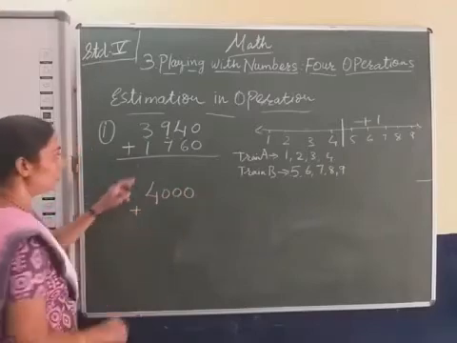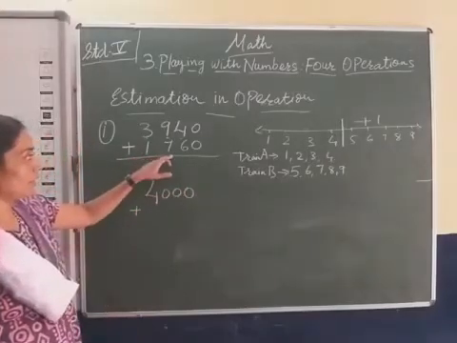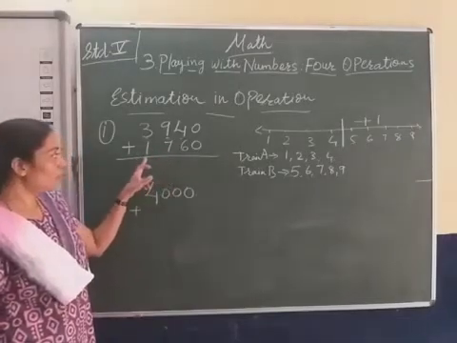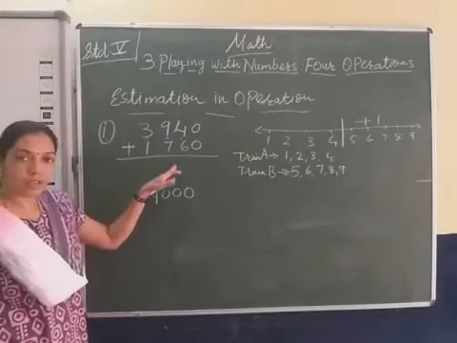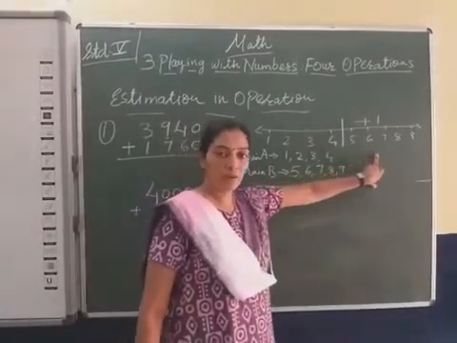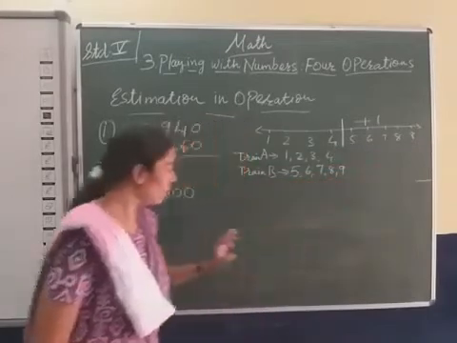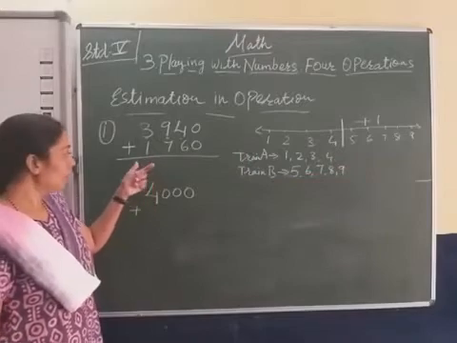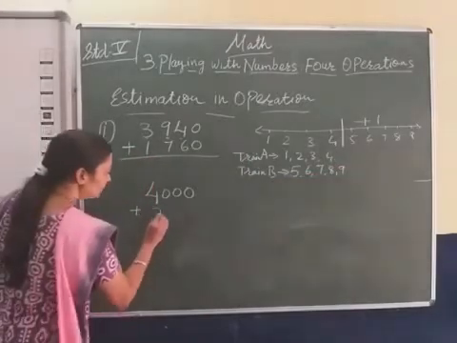Then we add this 1760. So what is the round off of 1000? In the 1000's place we have to see the next place value, 7. So 7 also comes under the plus 1 digit. So we add 1 digit to the 1000 place. So 2000 will come.